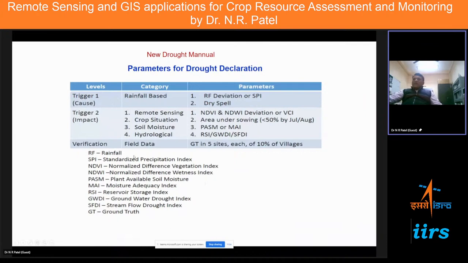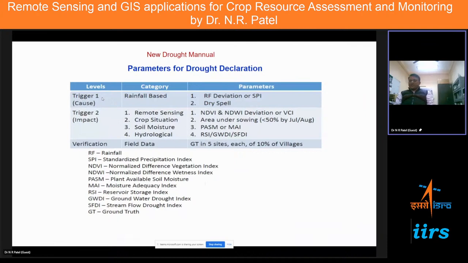Trigger 1 is mainly based on rainfall or the standardized precipitation index. IMD is monitoring only the deviation in percentile rainfall, or the standardized precipitation index. It is a deviation in accumulated rainfall, or a particular month's rainfall.